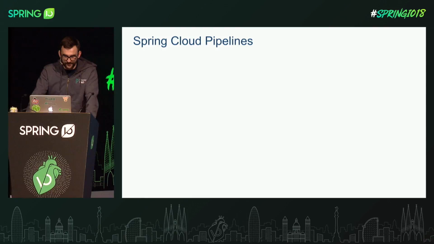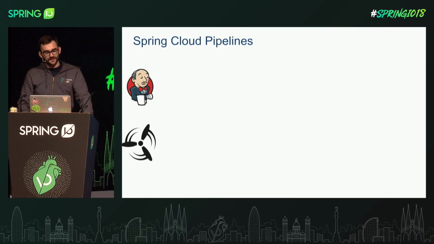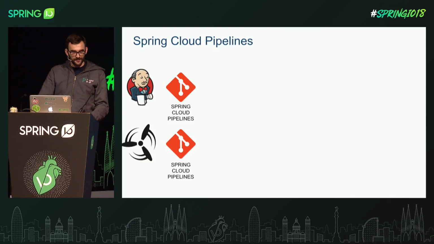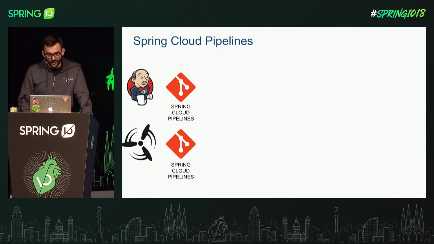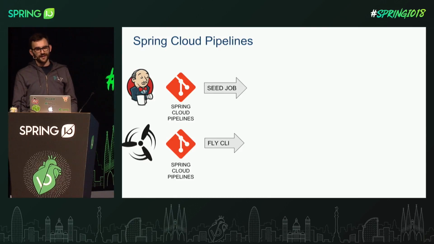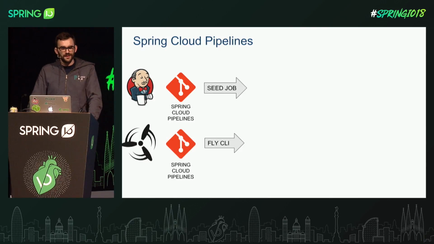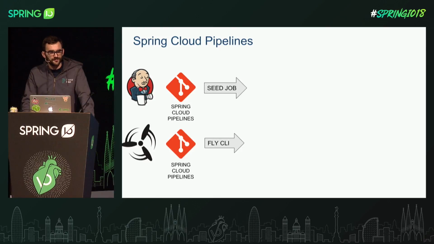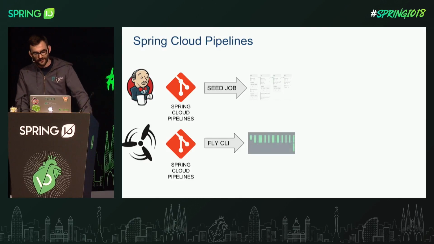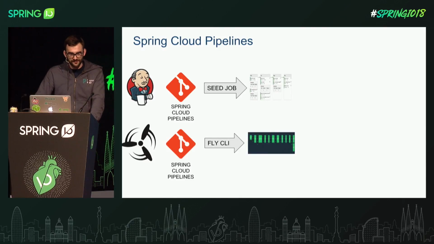So how does it really work? We have Jenkins or Concourse, whatever, and we have the Spring Cloud Pipelines GitHub project. We provide, out of the box, the definition of a pipeline in Concourse and the definition of a seed job. A seed job in Jenkins is a job that generates other jobs. So once you run those, providing some parameters, we generate the pipelines.